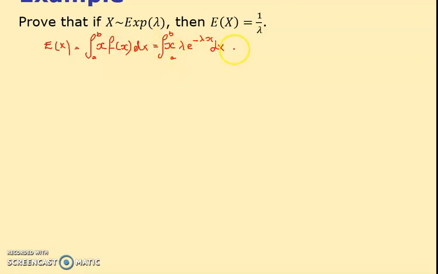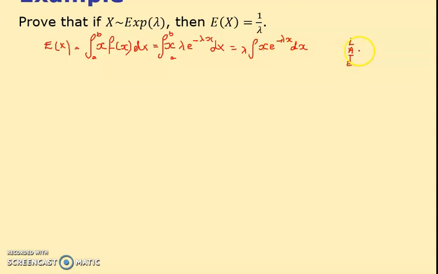And obviously I can take the lambda out, but it doesn't really help me much because I've still got x e to the minus lambda x dx, and this looks to me to be integration by parts. So first of all, I should go through the process. LATE rule: I've got an algebraic term, which is the x, and an exponential term.